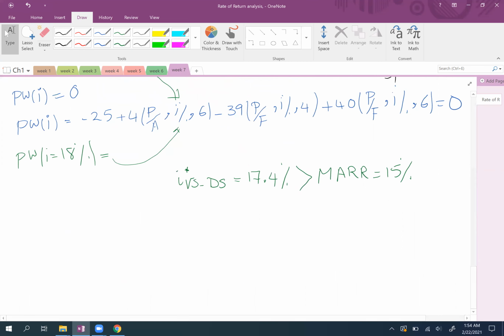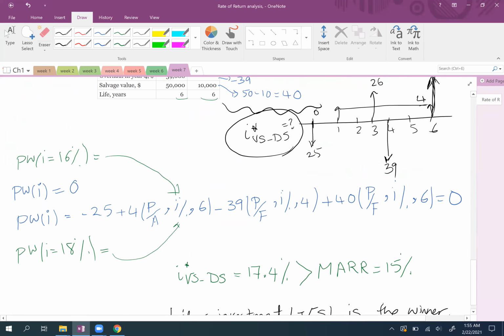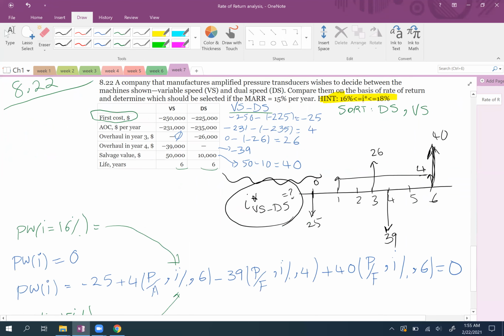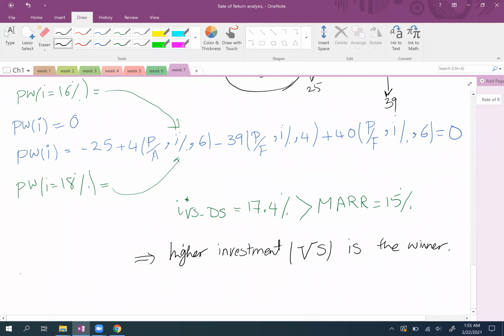Therefore, our conclusion is that the higher investment, or VS, is the winner. That's the implementation of this algorithm for problem 8.22. I will let you take notes.